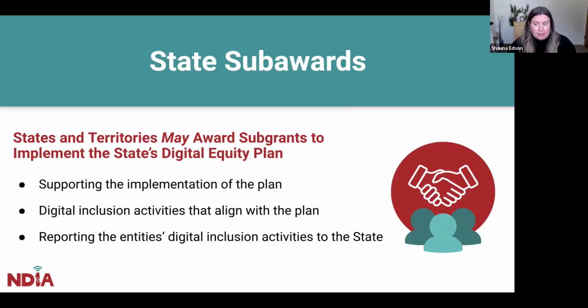Each subgrant program, including things like eligibility, who can apply for the grant, and how large allocation amounts are, how much funds you can get, can vary by state. And states and territories will align their program with the goals outlined in their plans. So if you are working for an organization that is looking for grant funding, I would keep an eye out for what your state plans to do, if they plan to offer those state subawards. Okay, so the next slide.